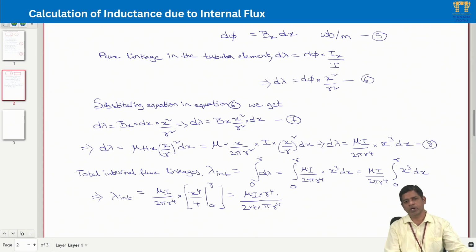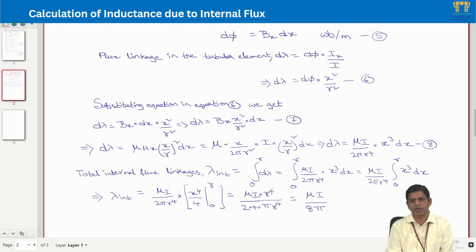So r power 4 and r power 4 in numerator and denominator get cancelled. So this becomes mu I by 8 pi. So let this be equation 9.